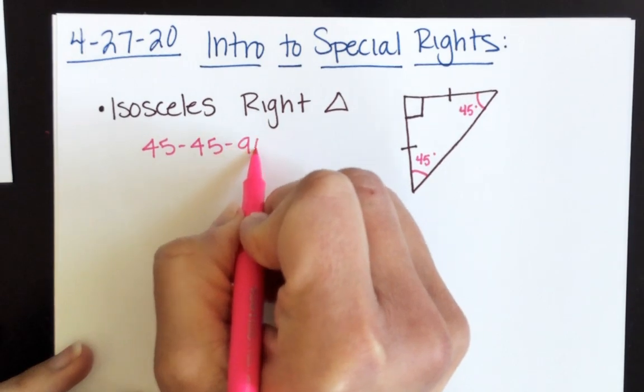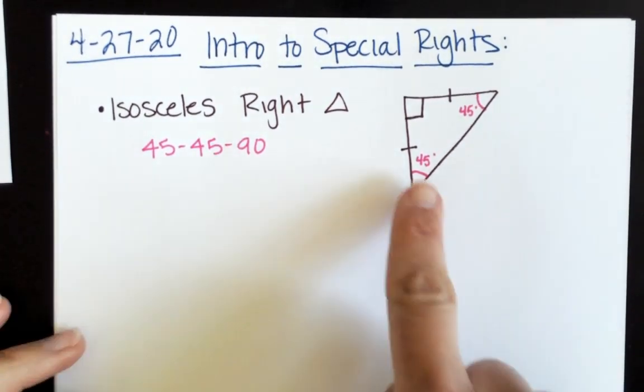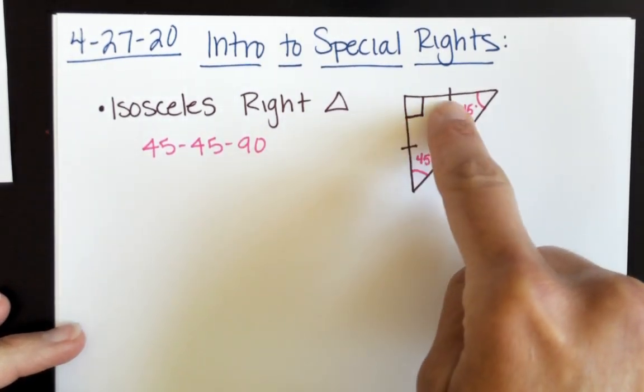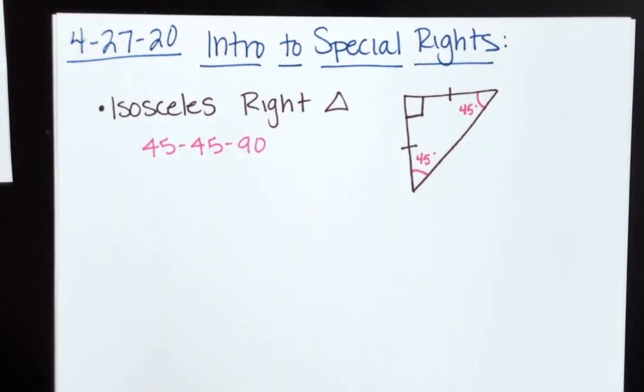And if you have my formula sheet that I gave you, and it still says OGT at the top from years ago, one of the formulas at the bottom is actually titled 45, 45, 90. So don't be surprised if that's how you see it referred to. It's just this idea that if you see the two 45s, you're supposed to know that the two sides are the same, and vice versa. So it's if sides then angles, or if angles then sides.